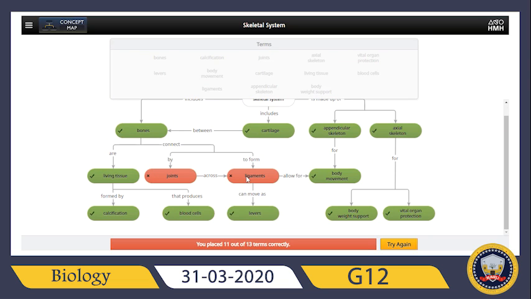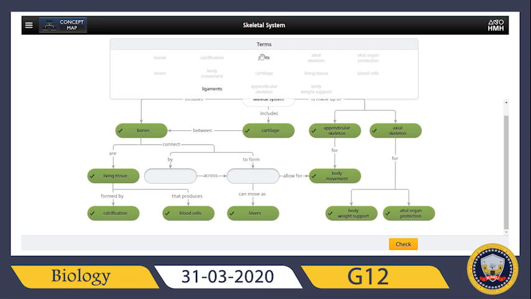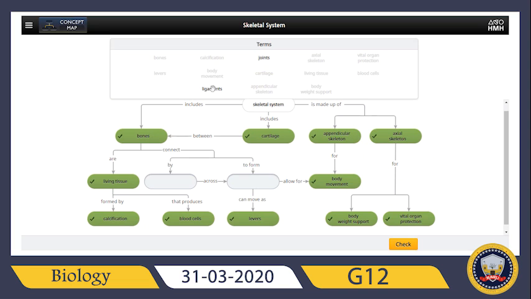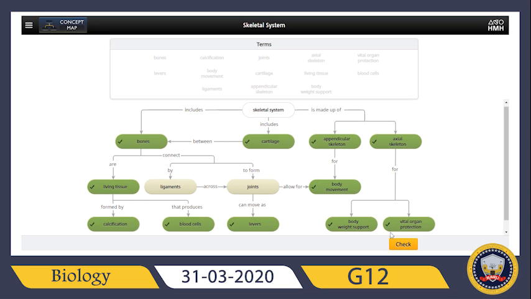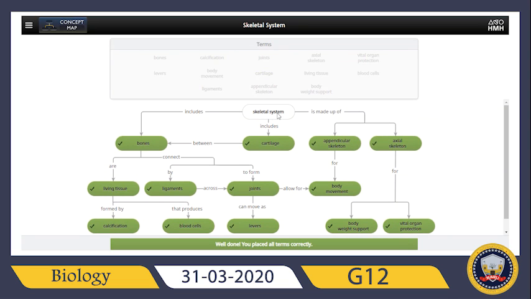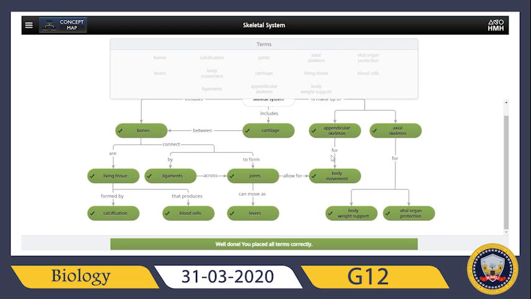No. We have two wrong. It's actually connected by ligaments to form joints. Yes, so the skeletal system is made up of appendicular skeleton, axial skeleton, the appendicular skeleton for body movement, axial skeleton for body weight support and vital organ protection.